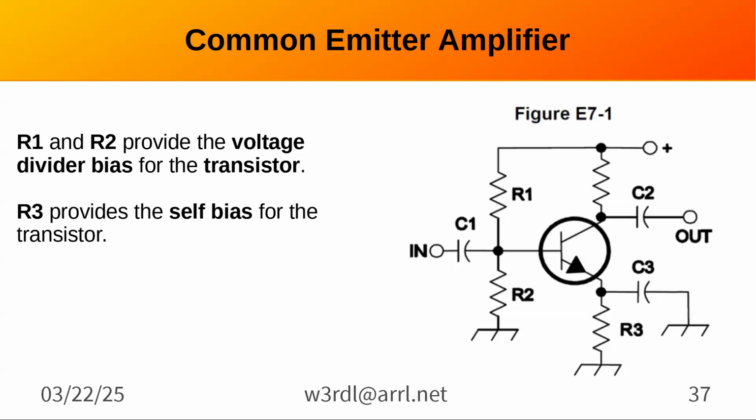You've got another resistor R3, which provides what we call self-bias. So it's a little compensating one to help for linearity and things. And you notice there's a capacitor across it, C3. The purpose of that is it's a bypass for your RF signal because you want the bias voltage to be essentially DC. So you're going to basically maintain that, assuming the capacitor is the right size, a DC self-bias voltage.